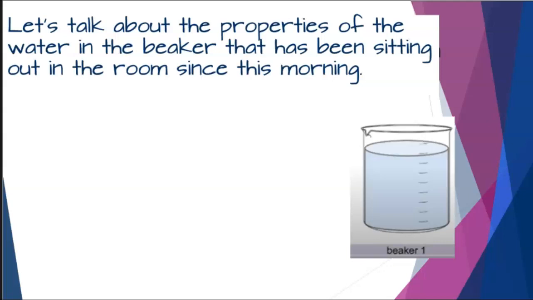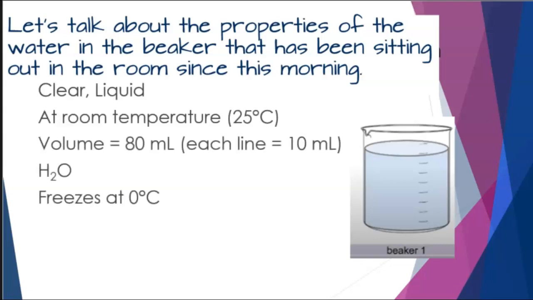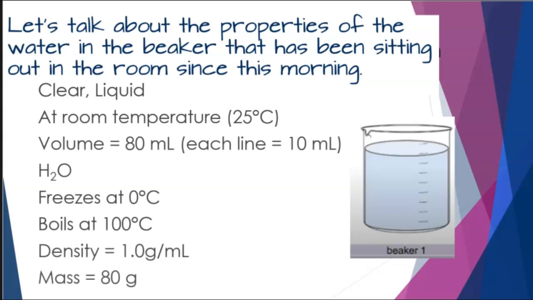Okay, so welcome back. So here are some of the traits that I thought about when we were doing this. It's a clear liquid. It's at room temperature. I said it's been out all day. The volume is 80 milliliters. We're saying each one of those lines in the beaker is worth 10 milliliters. Obviously, it's water.